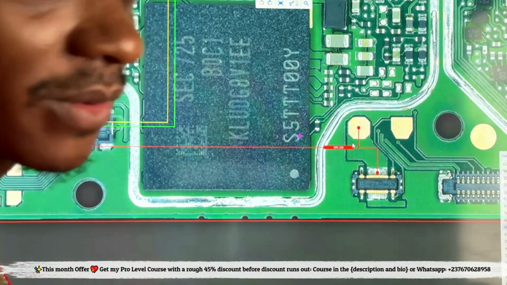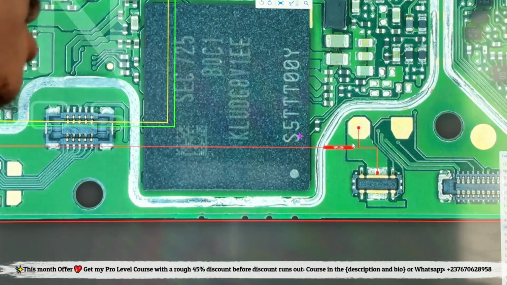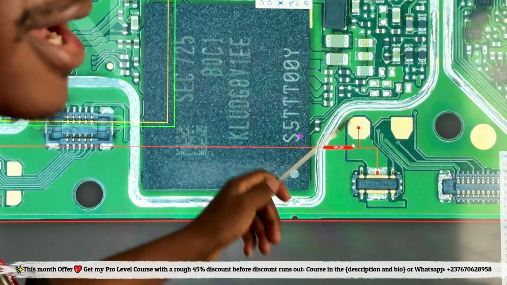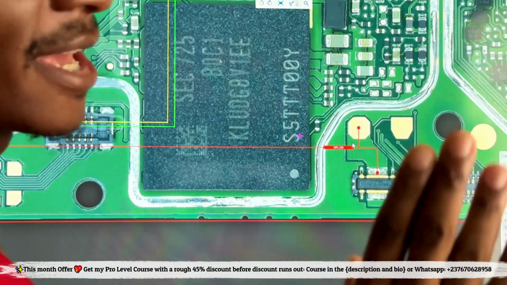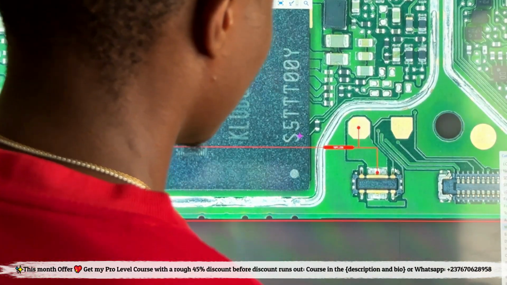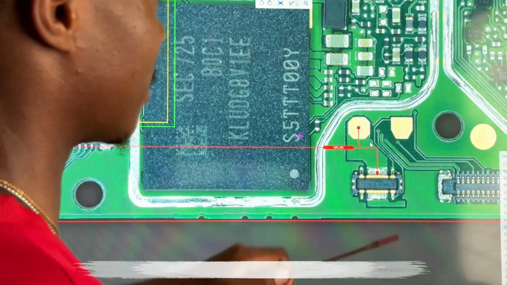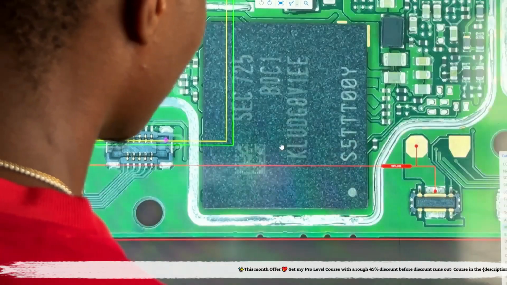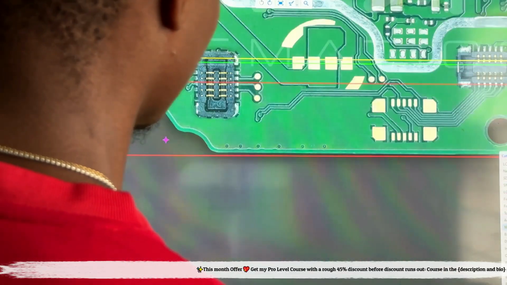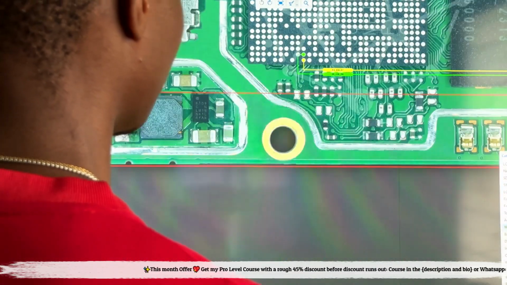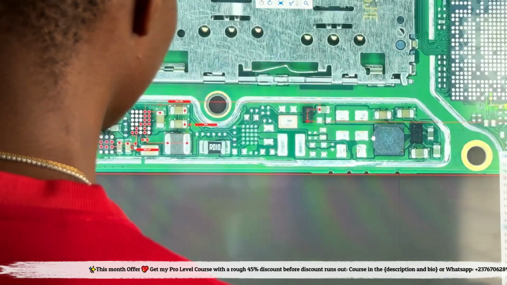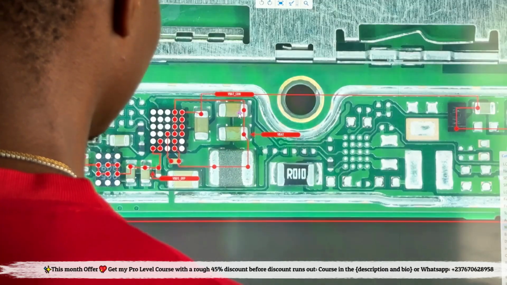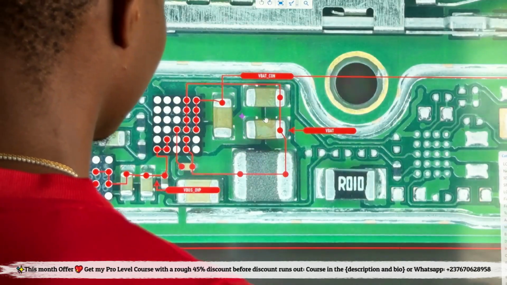I'm going to show you what I'm talking about. So in this mobile phone, thank God we have our PCB guideline right here that will show every line so that you can understand clearly while I explain. If you check the red line, you will see that this is our VBAT line, right? Which means that from the battery voltage, when you connect the battery to the phone, the VBAT voltage goes to this IC.